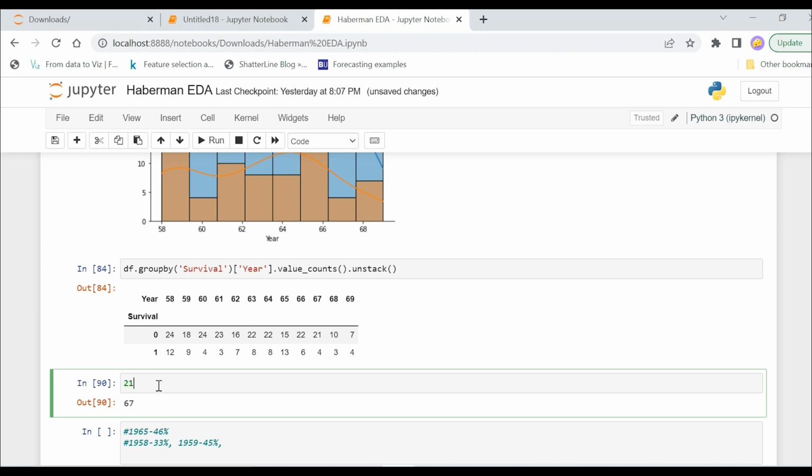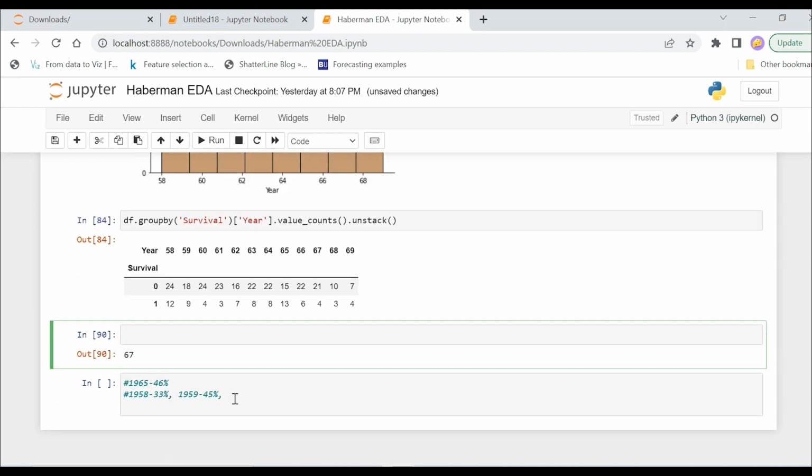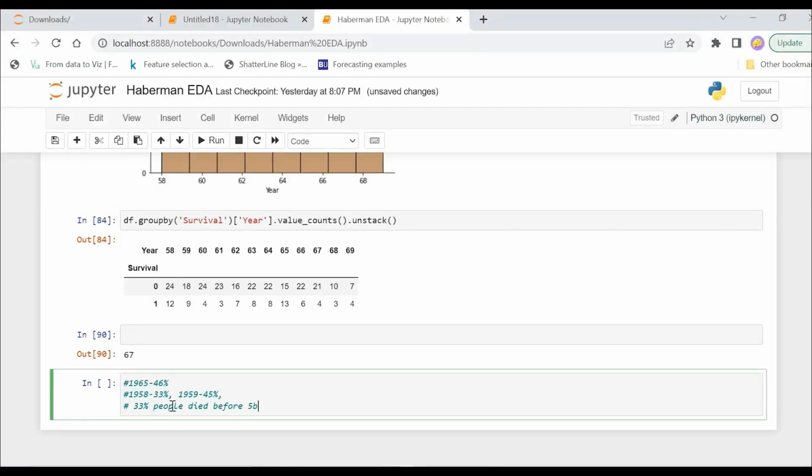So around, you can say that this, you can actually write it: 33% people died before 5 years when operated between 1965, 66.